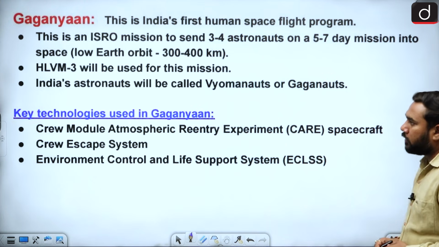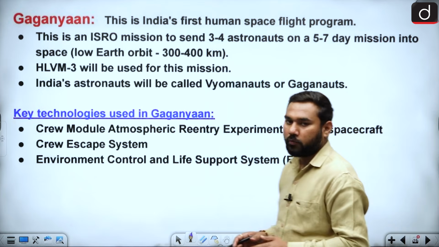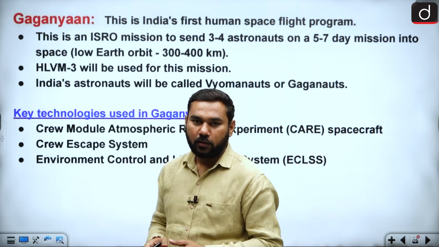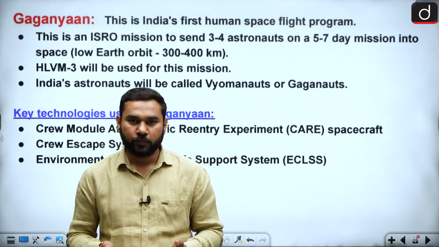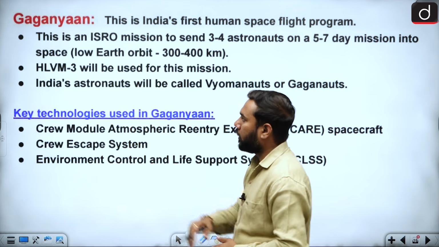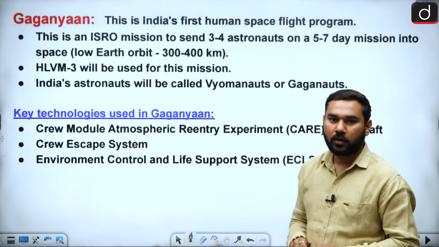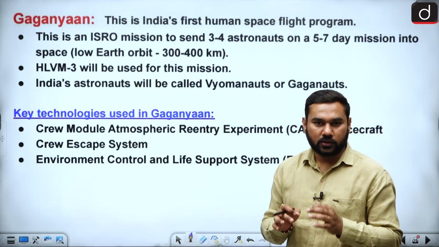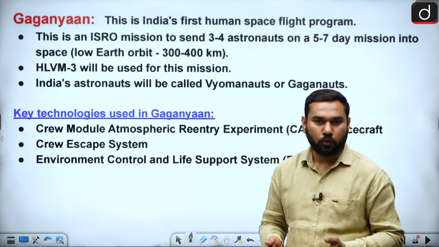And in the next part, we are going to talk about very important and specific missions done by ISRO. The first one, which is our aim, is our Gaganyaan mission. You know that Gaganyaan is known as the first manned flight mission that ISRO wants to do.